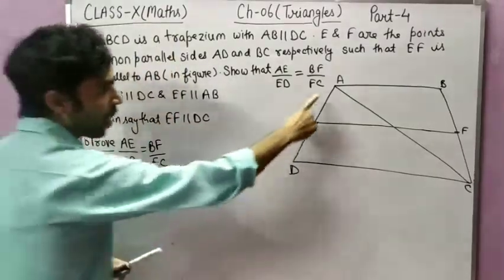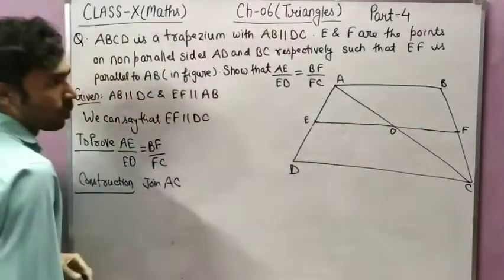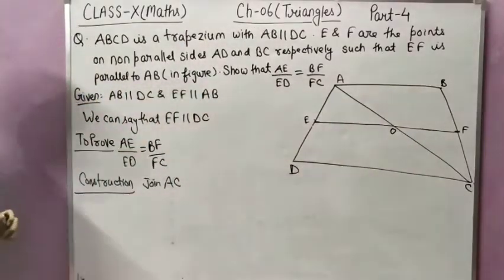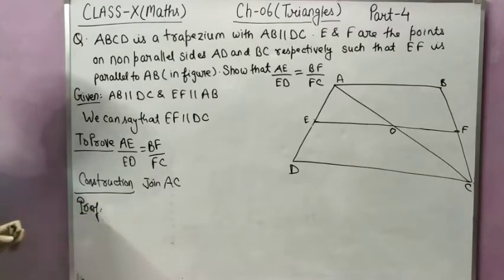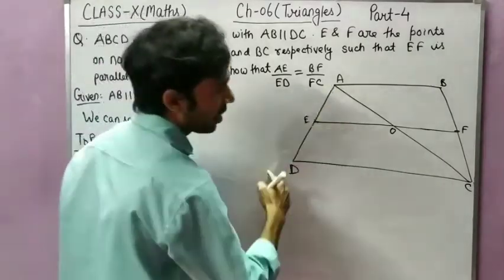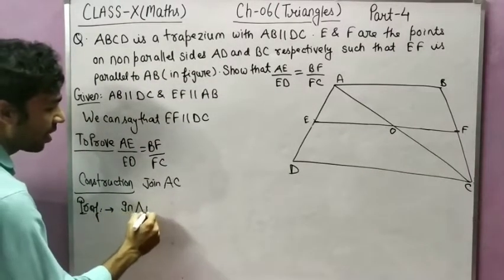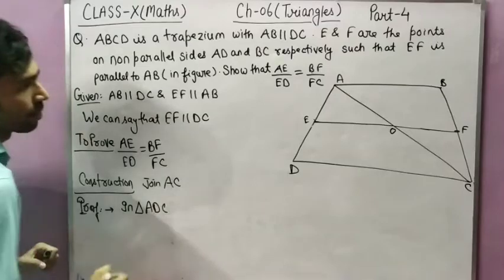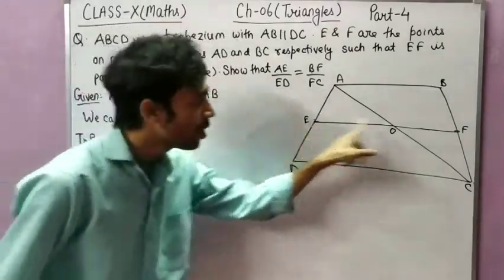Now, when we join AC, suppose this point is O. Now for the proof, we will take first triangle ADC. In triangle ADC, see, EF was parallel to DC.